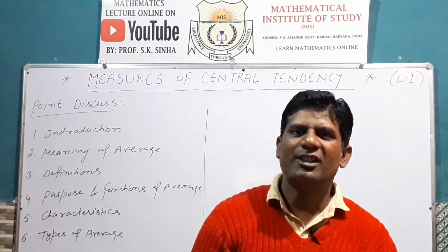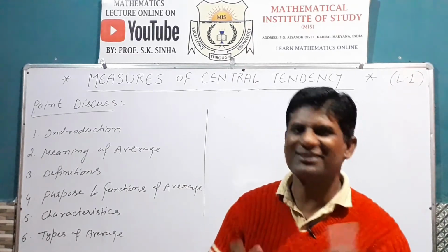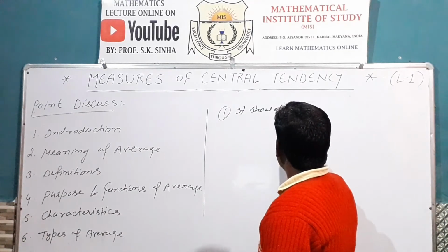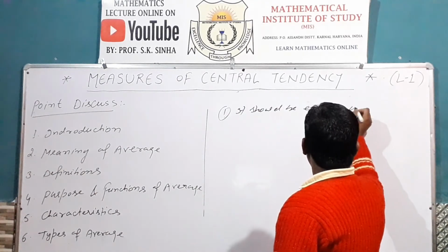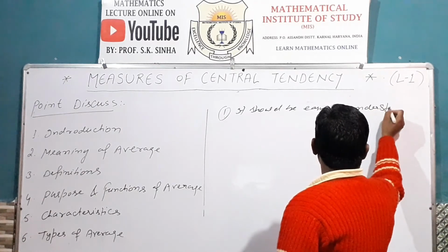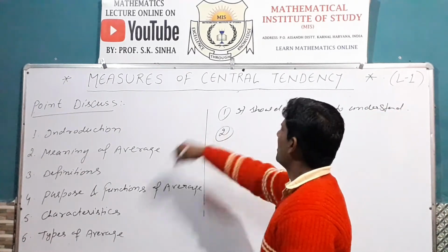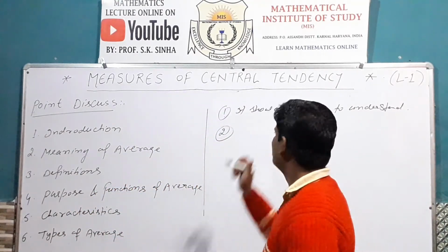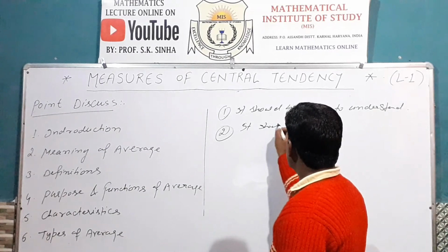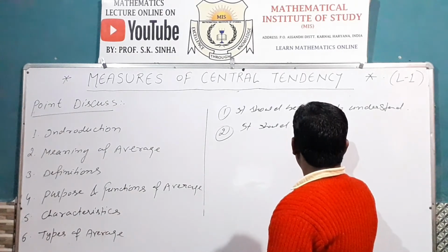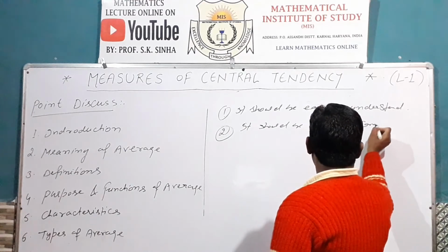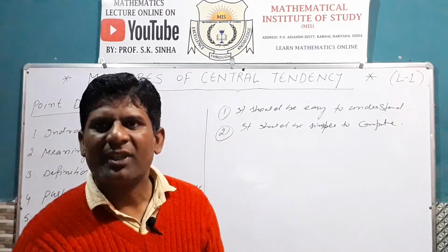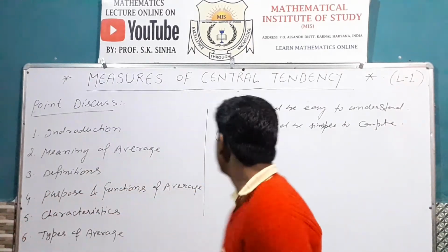Number one, it should be easy to understand. Number two, it should be simple to compute. Number three, it should be uniquely defined.